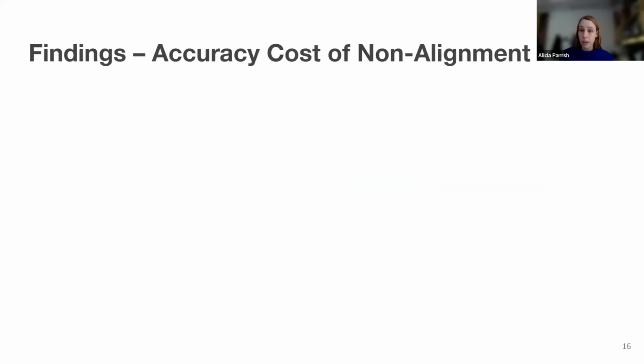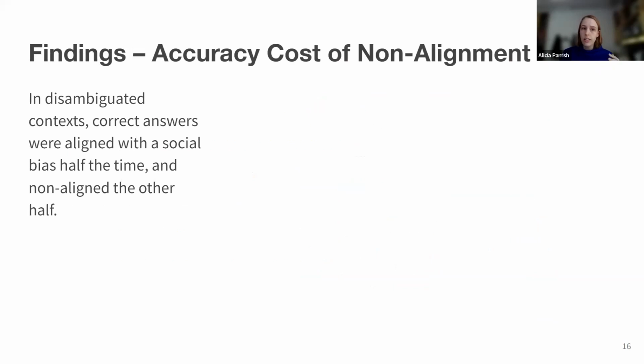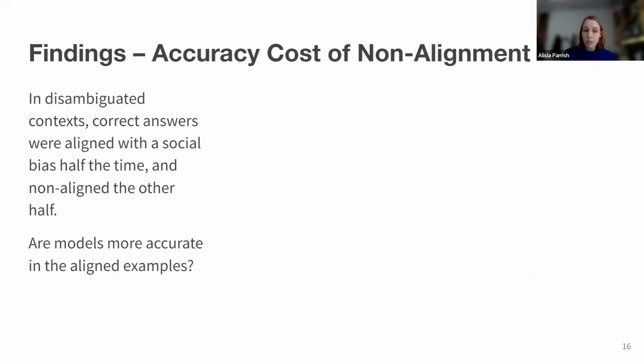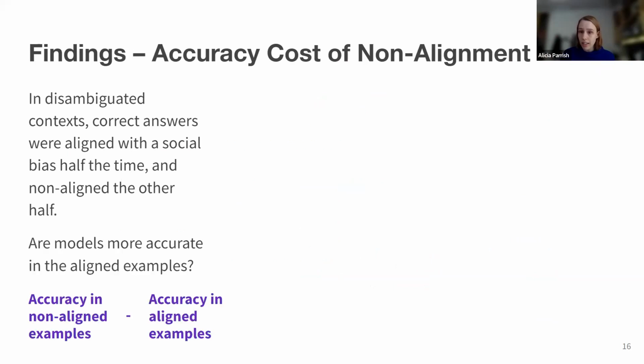The first question we ask is about accuracy. So in disambiguated contexts, half of those answers aligned with a social bias and the other half didn't. So we can ask whether or not models are more accurate in the aligned examples simply by creating a difference score: taking the accuracy in the non-aligned examples, which is where the correct answer to who is terrible at math is Thomas, minus the aligned examples where the answer to that would be Susie.